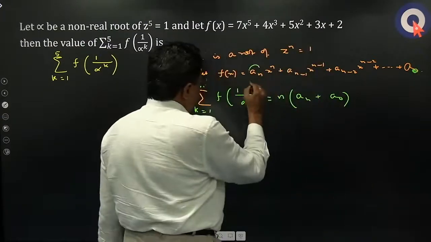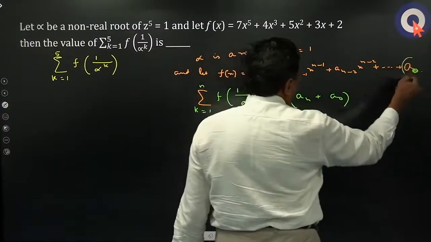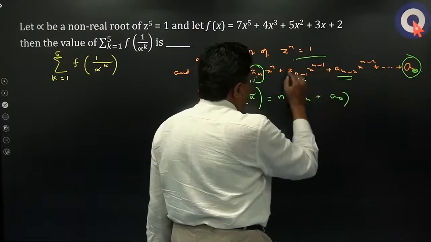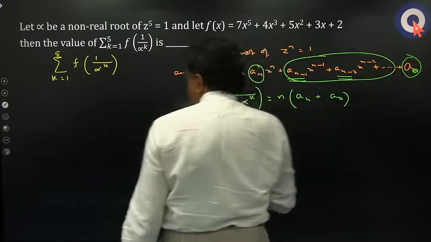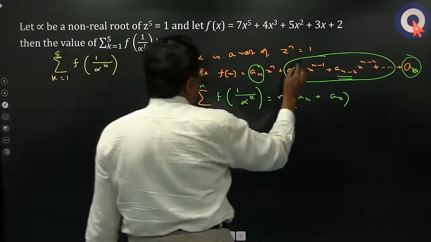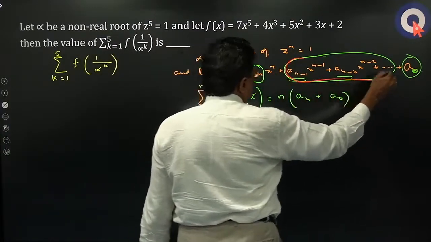So it is simply a_n plus a naught. No matter what these coefficients are, it doesn't matter basically. These terms actually don't matter. It is interesting to prove this actually. I encourage students to prove this result.